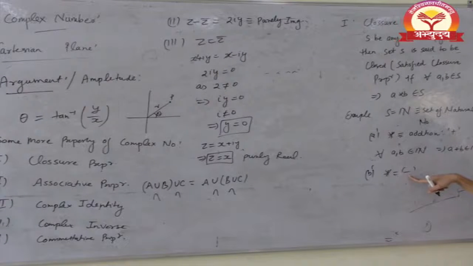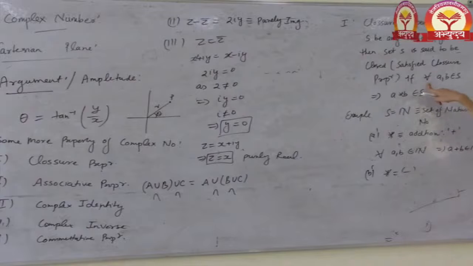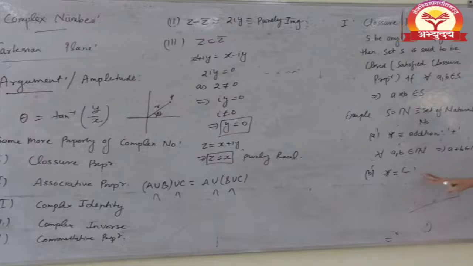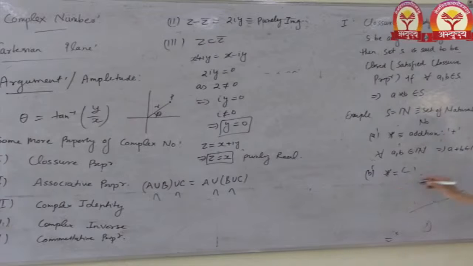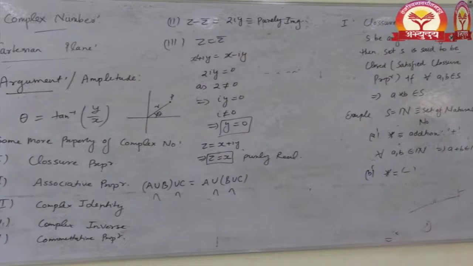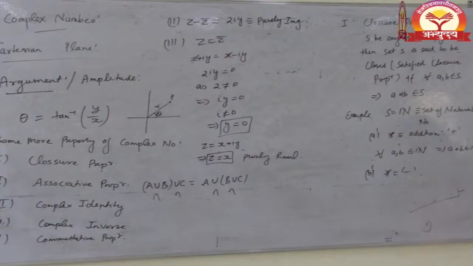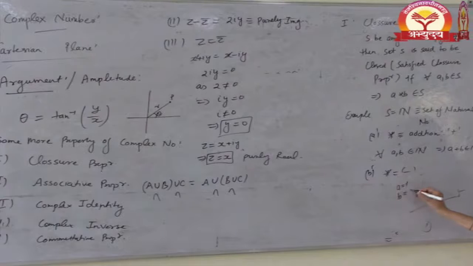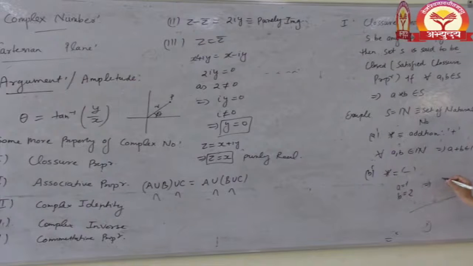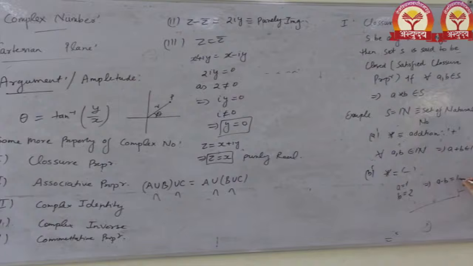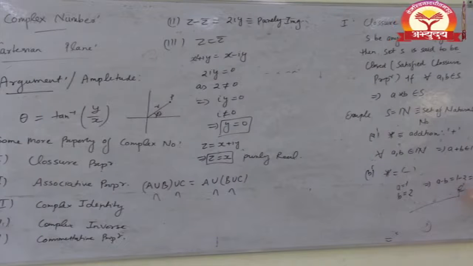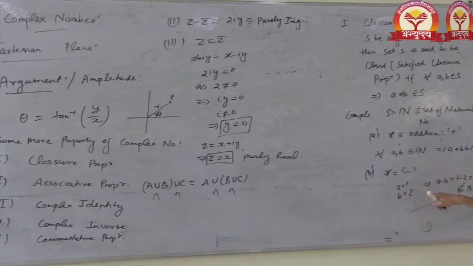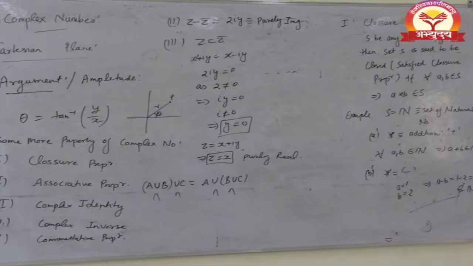No, this property is defined for all a, b, so just answer true or false, yes or no. This one is false, because I just need one counterexample. Yes, a is equal to 1, b is equal to 2. So a minus b is equal to 1 minus 2, which is minus 1, and it does not belong to the natural numbers. So there exist two numbers, 1 and 2, which are natural numbers, but the closure is not satisfied.